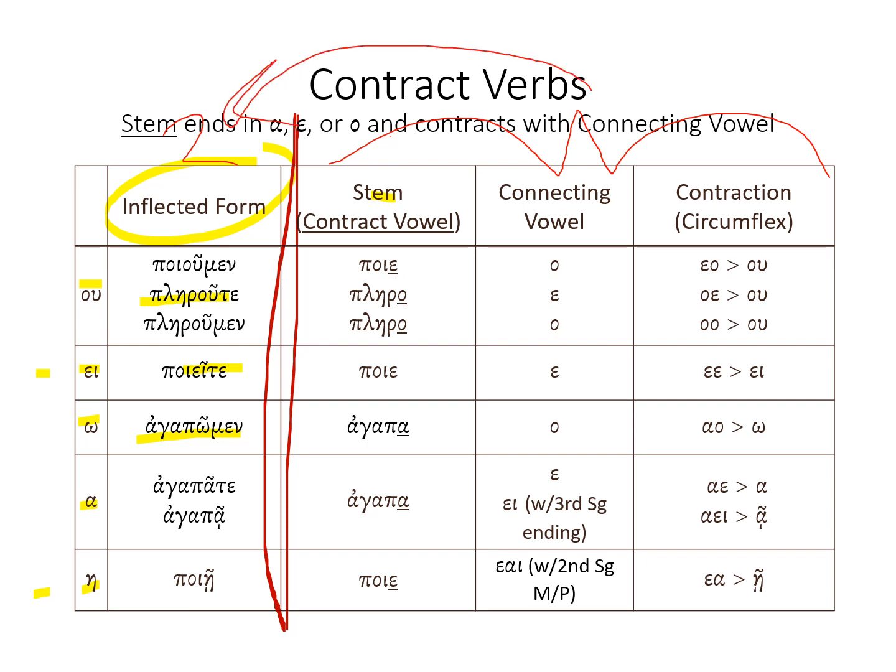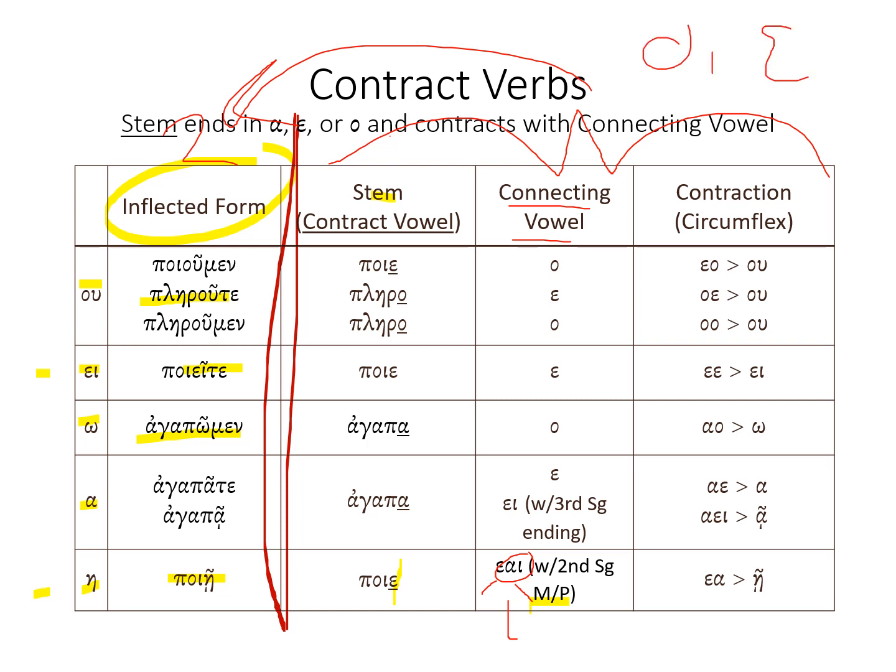So when we think about poia, what vowel is the stem contract vowel? Epsilon, right there. And here we're dealing with the middle passive, and we're a bit ahead of ourselves. We'll get to the middle passives in the next chapter. But here this middle passive contraction happens because there's actually a sigma between the epsilon and the eta here, and that sigma has already dropped off. That's where we get this alpha, because there is no alpha connecting vowel. Remember, the connecting vowels are either omicron or epsilon.